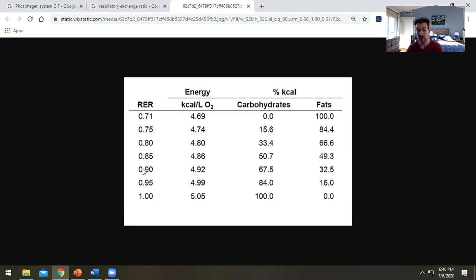I'm exhaling 10% of it. That's pretty high intensity, and only 30% of my energy is coming from fats. So that's actually pretty intense. The problem with working this intense during a marathon is I'm burning through carbohydrates really, really quick.